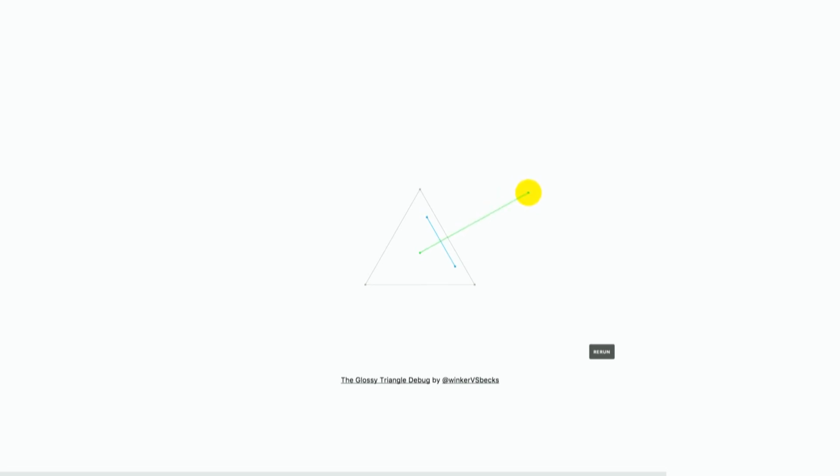What we really need to figure out is the two points that make up that gloss. And there's one other variable that we actually know in this case: we know the spread of the light. The spread of light is a triangle that we're using here, and it's controlled by the distance between the source of the light and the center of the triangle. So the further away I am from the triangle, the wider that triangle gets, and the closer I go to it, the narrower that triangle gets.